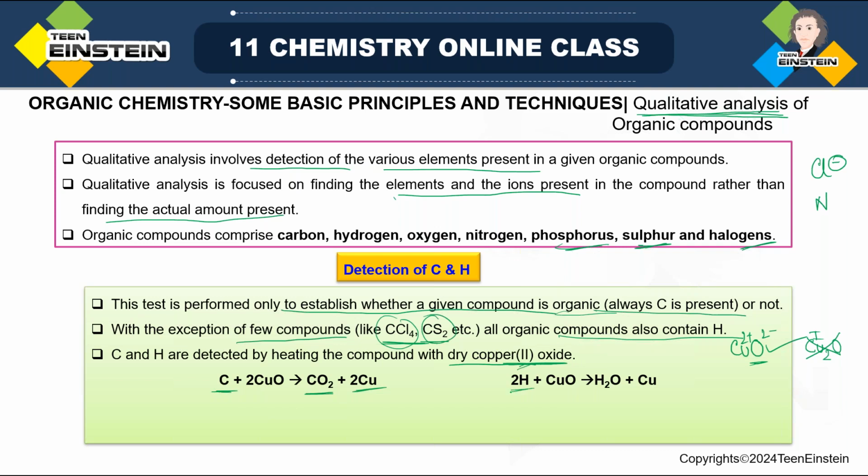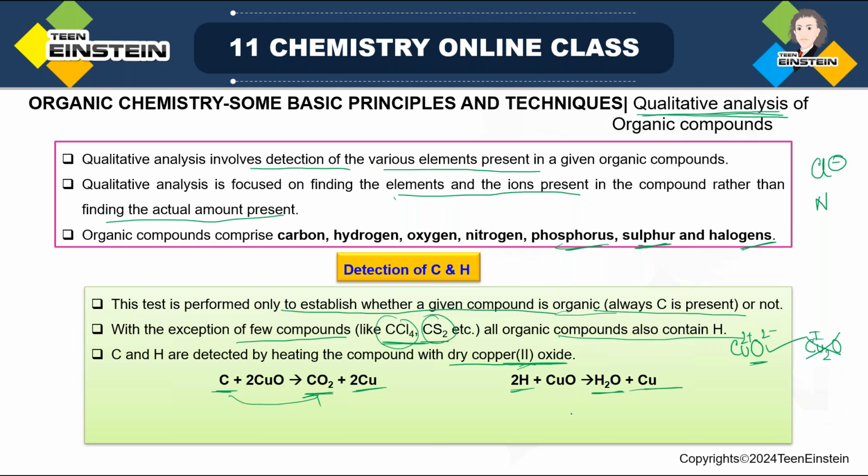If hydrogen is present, it will also react with CuO and form H2O and metallic copper. There is some similarity in these two equations, because from carbon you are getting its oxide, and from hydrogen also you are getting its oxide, which is simply water. So these two are the reactions that will occur if carbon and hydrogen are present.